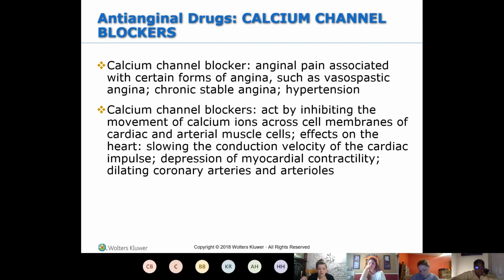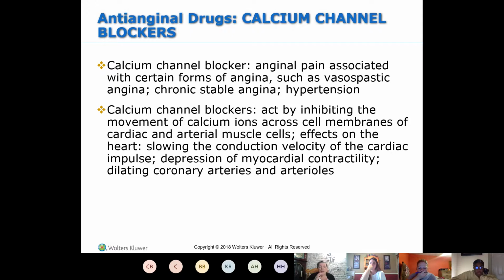Did y'all learn that in A&P? Okay, so normally this is happening and causing a contraction, moving down the Purkinje fibers, contract, moving, contract. Calcium channel blockers, let's reread that now that you know that. It's inhibiting the movement of calcium ions, and it's going to slow the conduction velocity.